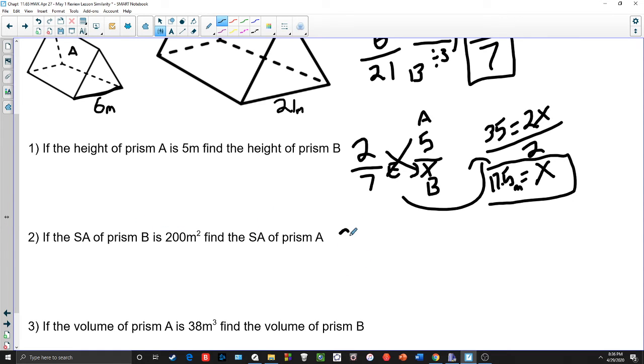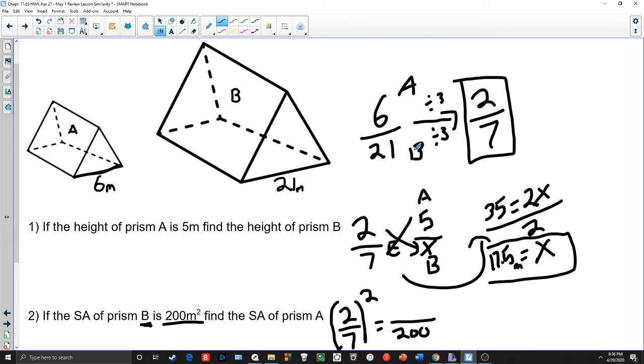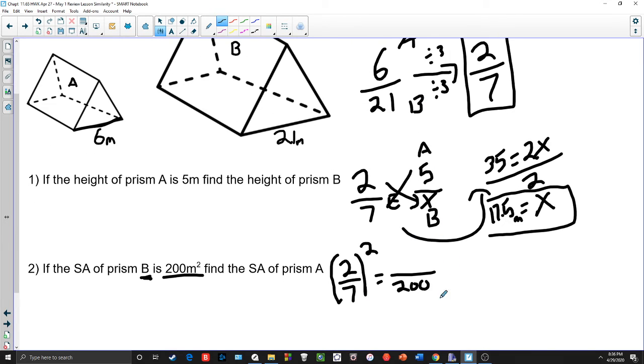So I start this pretty much the same way, 2 out of 7. But because I'm dealing with surface area, I'm going to square this fraction first before I do my cross. And when I do my cross multiplication, I have to remember that this 200 square meters is for prism B. So that's going to go on bottom. Because again, my scale factor goes A to B. So this fraction also has to go A to B. So the B number has to go on bottom. The A number, which I don't know, would go on top.